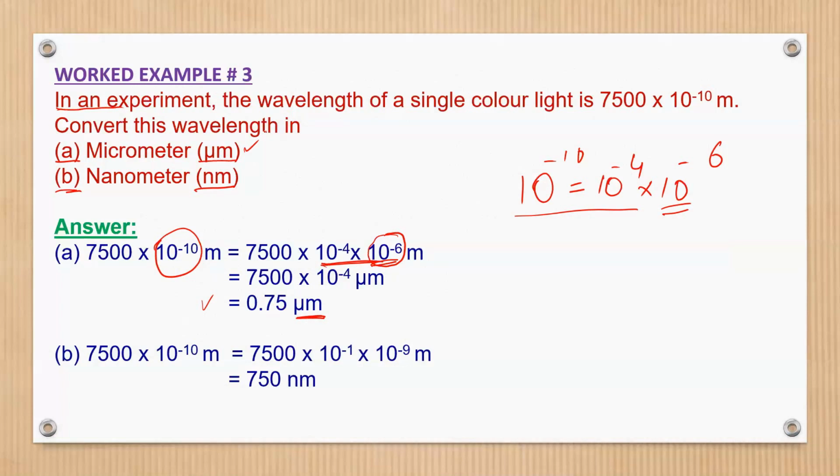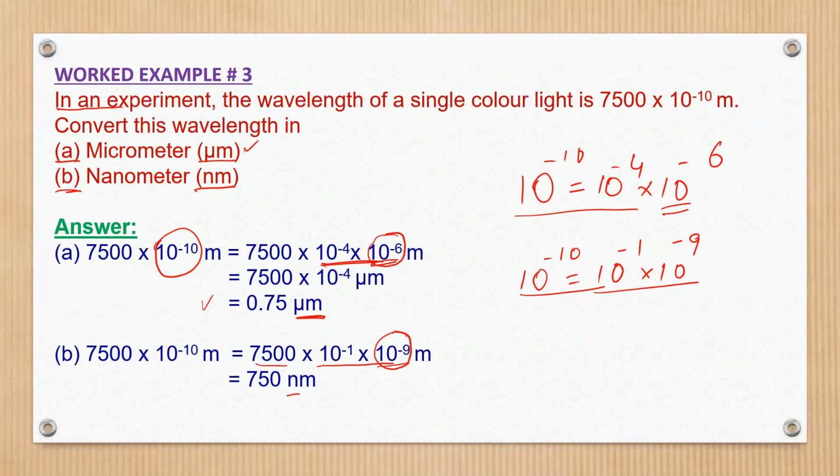The same number now we are going to change into nanometers. So now I'm going to break up 10 to the power minus 10 in this way, 10 to the power minus 1, and 10 to the power minus 9. The reason to break up in this factor, because nano means 10 to the power minus 9, so that breakup I can write over here, and then what can we do? 10 to the power minus 9 can be written as nanometers, and we can simplify this factor.